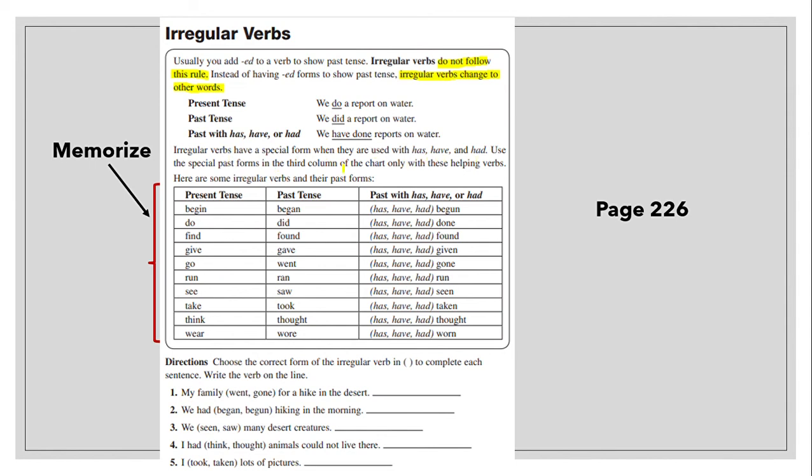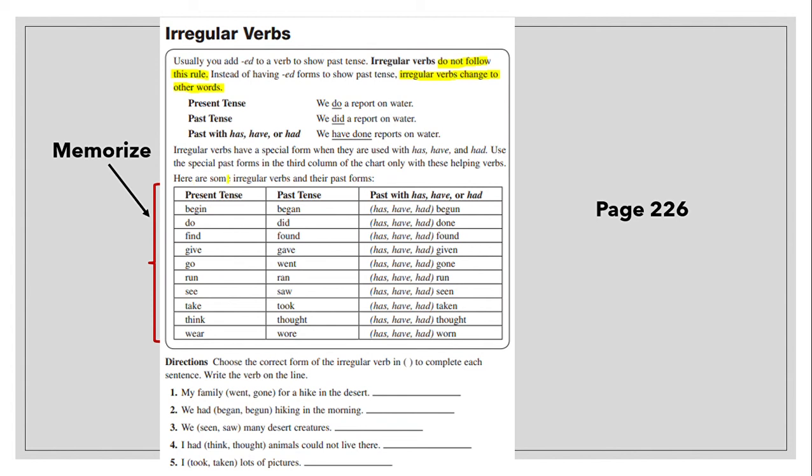Use the special past forms in the third column of the chart only with these helping verbs. So with these helping verbs, has, have, and had, you use this special form only when you have these helping verbs, has, have, or had.